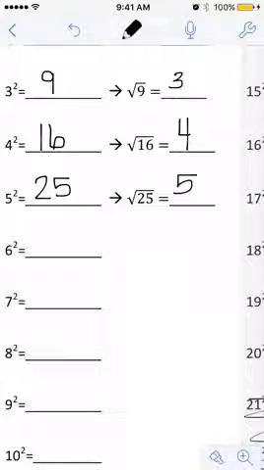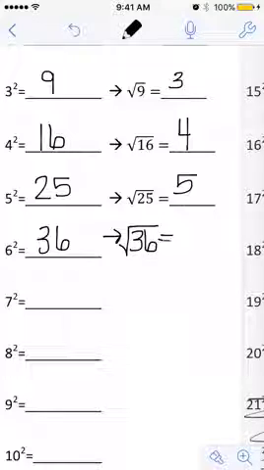Moving down the page, you can see that I've left off the next one, so I want you to think about them as we go through. If we have 6 squared, that would make 36. So we're going to draw a little arrow, and we're obviously going to put the square root. That's that radical sign that was part of your vocab on Tuesday. The square root of 36 is equal to 6.